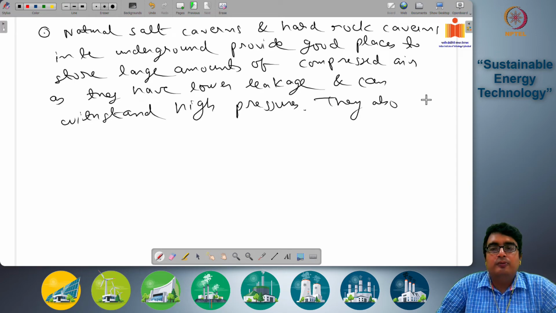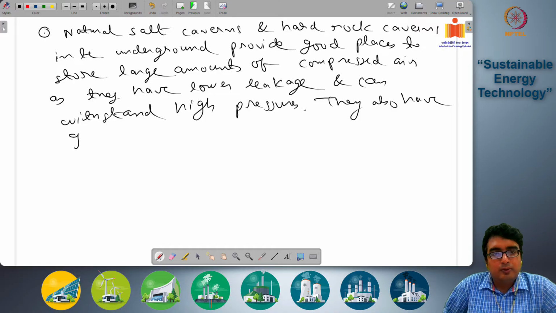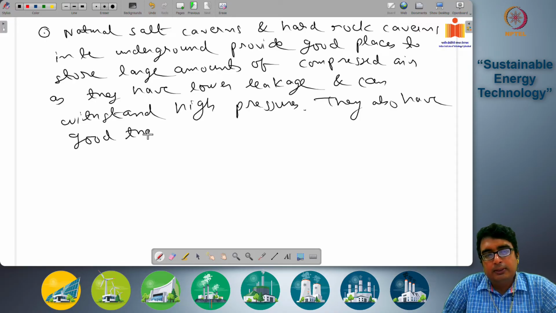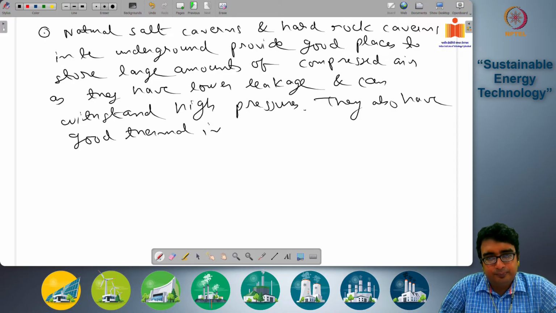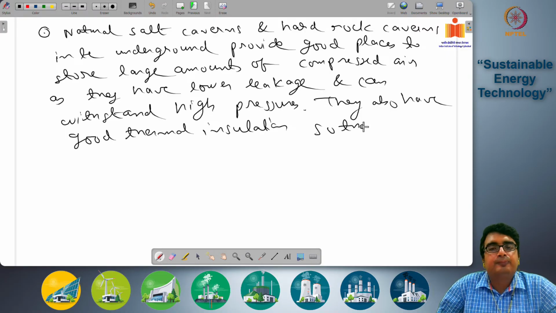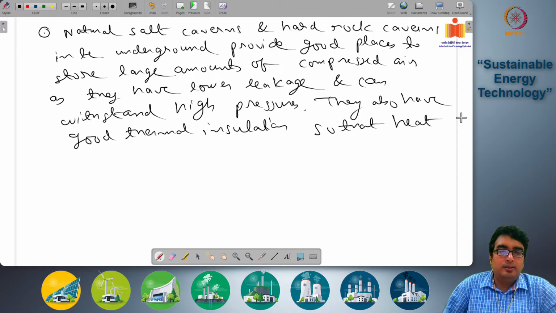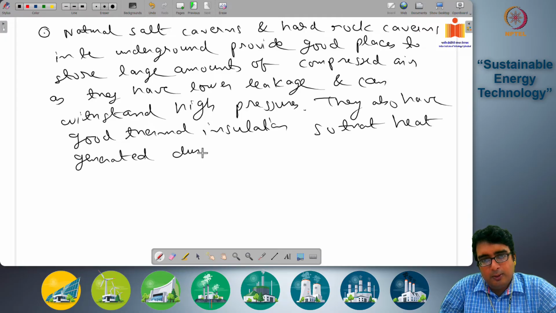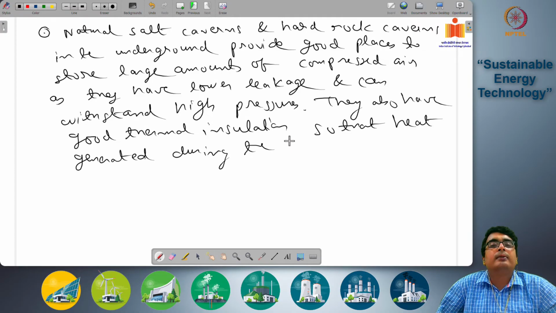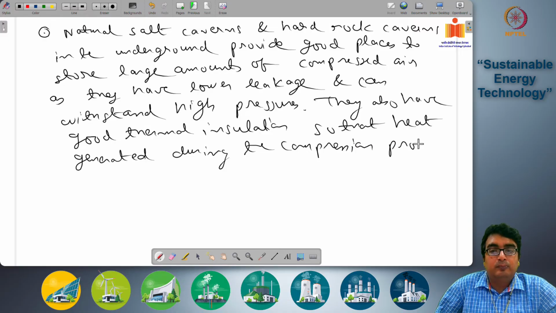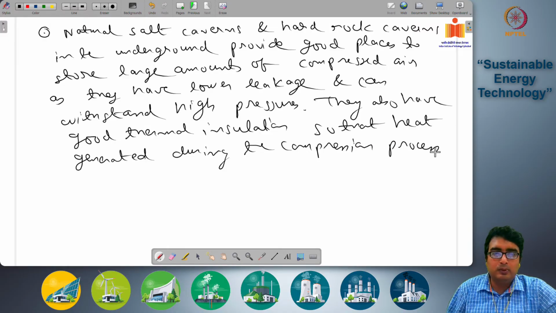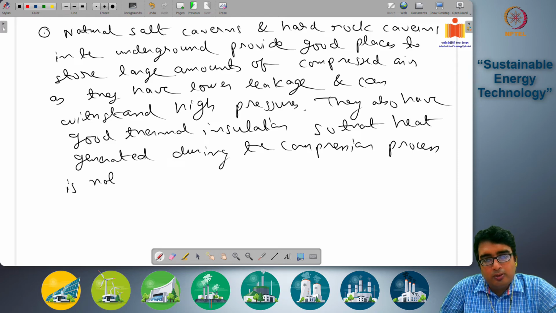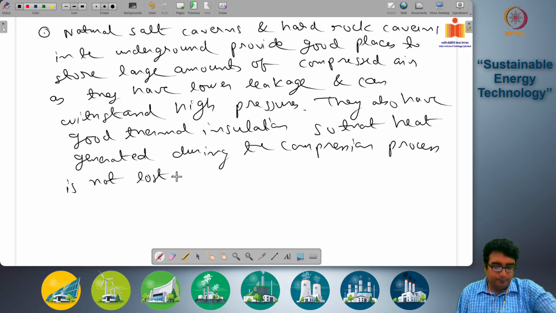They also have good thermal insulation so that heat generated during the compression process is not lost. Okay.